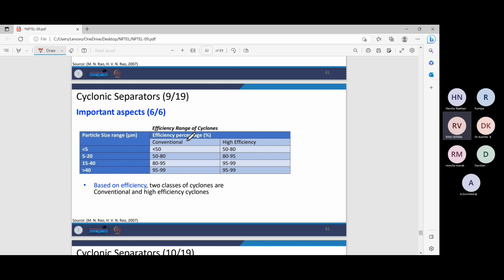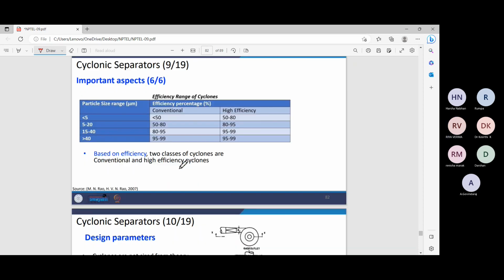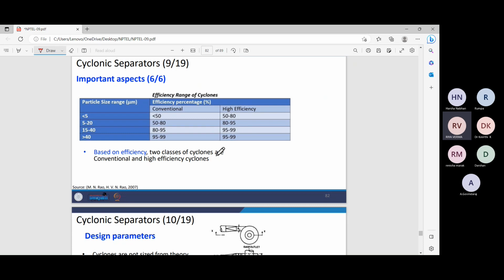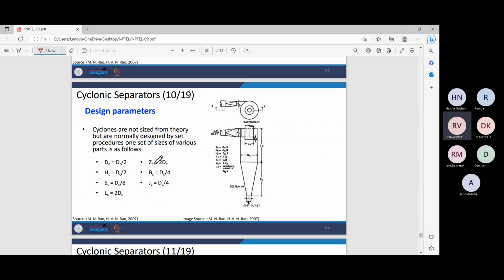This is the efficiency range of the cyclones for different sizes of particles. And based on this efficiency, there are two classes of cyclones: first is conventional, and next we have high efficiency cyclones. These are the design parameters, how to design a cyclone. These are the different sections of a cyclone.